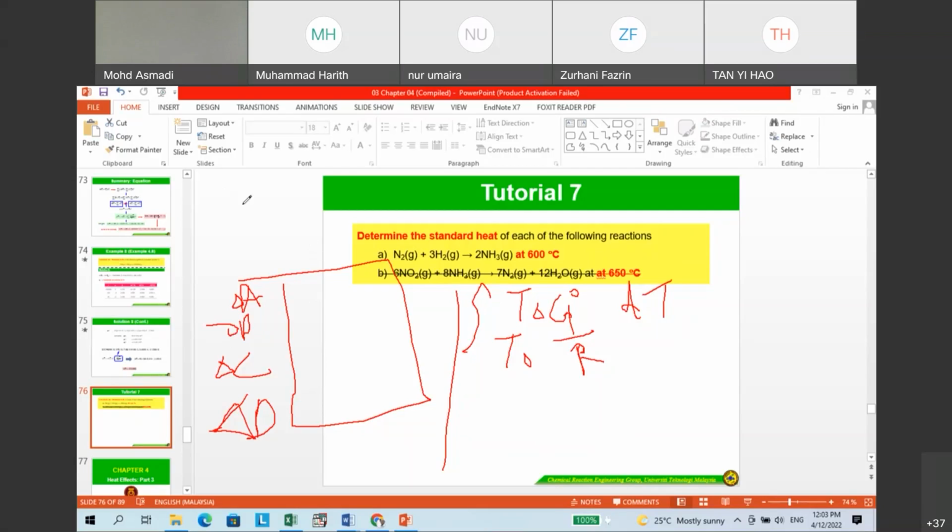Give me delta H 298. Anyone? Okay, negative 92220 joule.